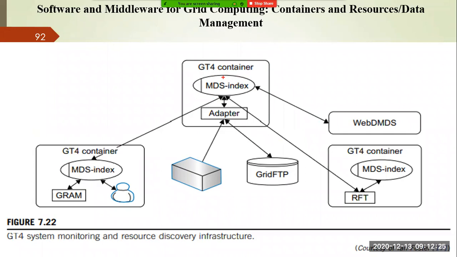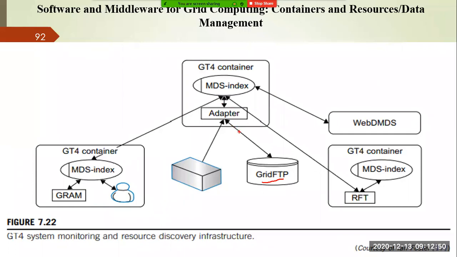Okay, and here you can see the grid resource allocation manager. Suppose a client is requesting something, then that will be taken care of by the grid resource allocation manager. And here there is an adapter which connects one tool with another tool. Like GridFTP is a tool, RLS is a tool. So these are integrated to the adapter.